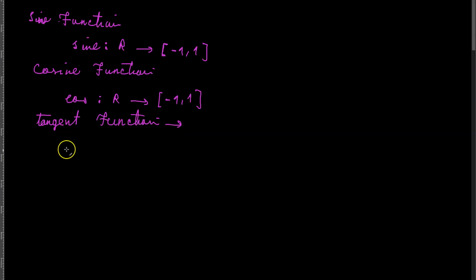So I can write tan as a function from R minus all x's such that x is equal to 2n plus 1 times pi by 2, which are all the odd multiples of pi by 2 and n belonging to the set of integers, and this goes to the set of real numbers, right?